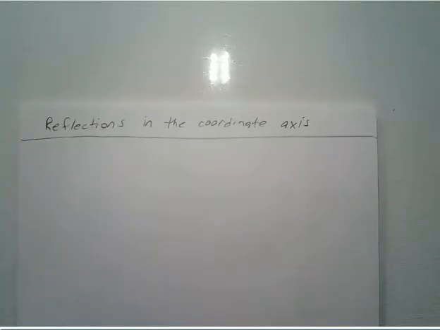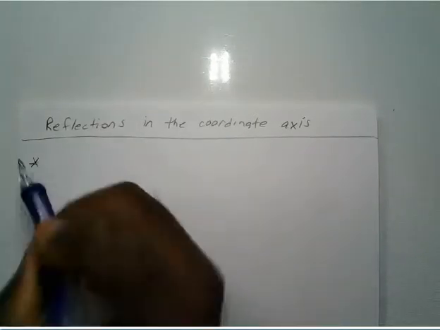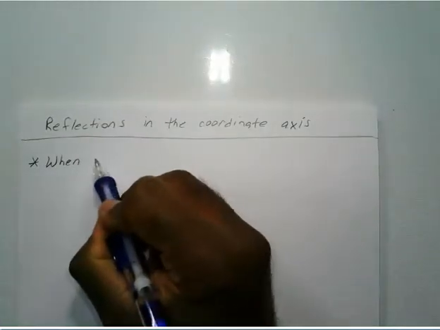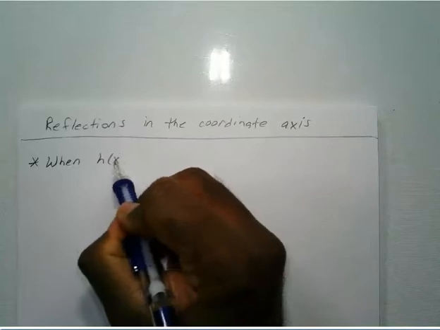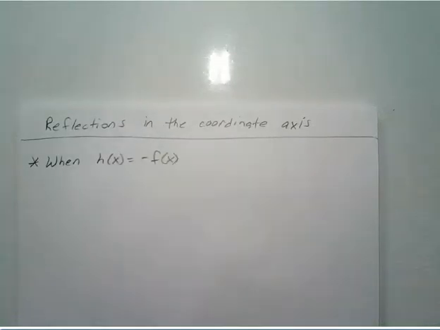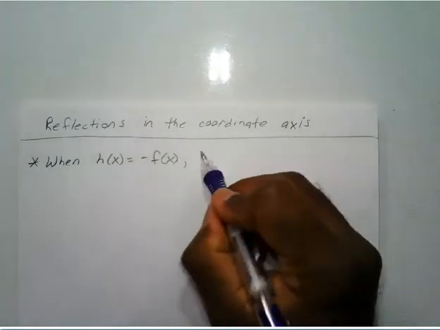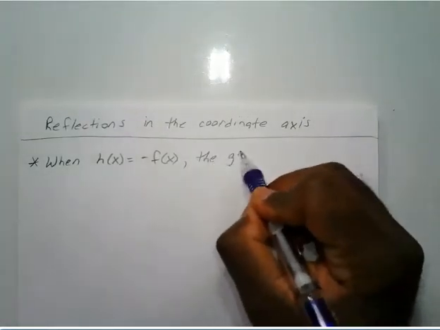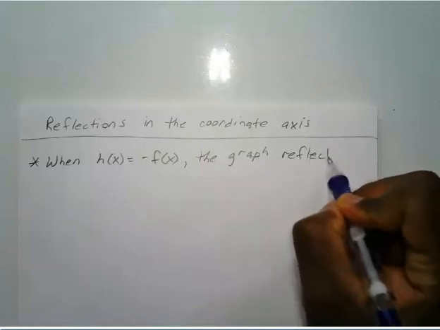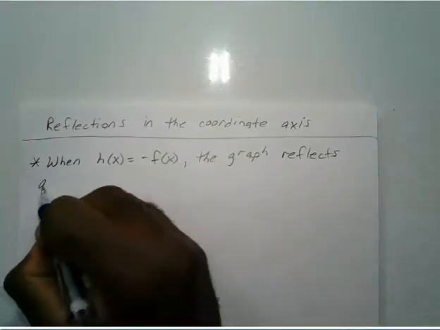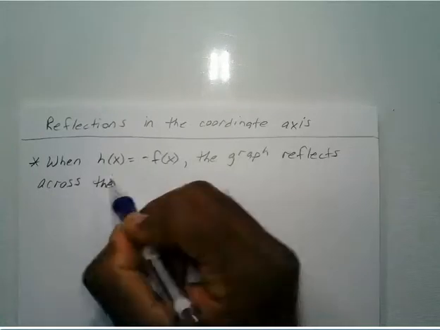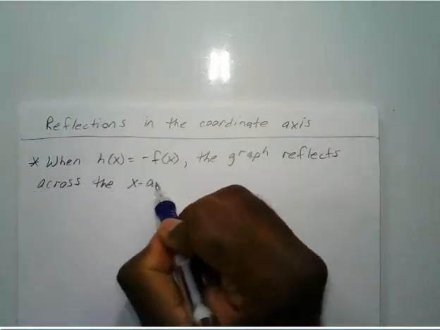First we're going to look at the definition: when h of x equals negative f of x, the graph reflects across the x-axis.